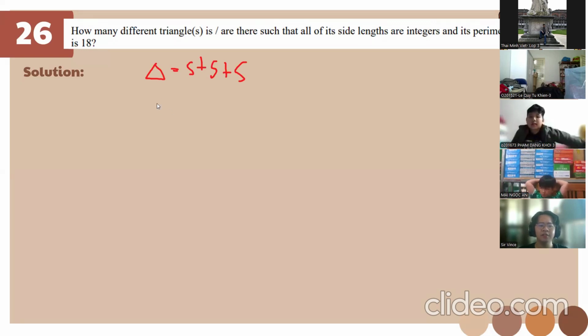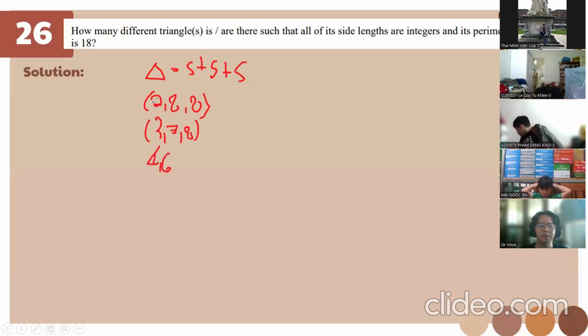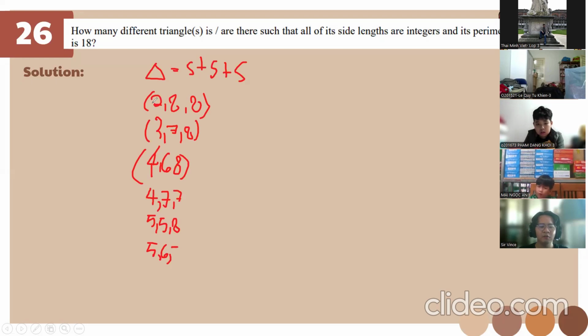If we start at 2, we have 2, 8 and 8. Then we can also have 3, 7 and 8. We can have 4, 6 and 8. Another one is 4, 7 and 7. Another one is 5, 5, 8. Another one is 5, 6, 7. Remember that if we add them all together, it should be equal to 18, okay?